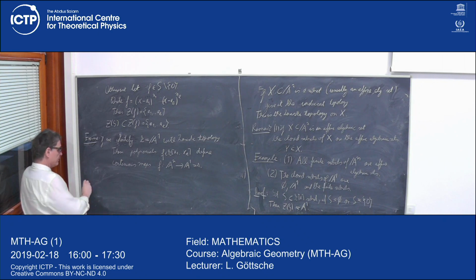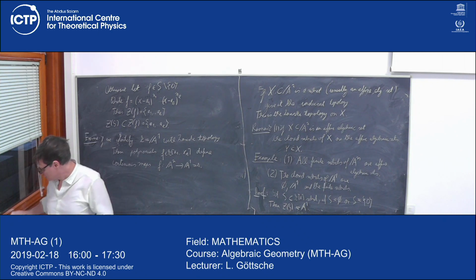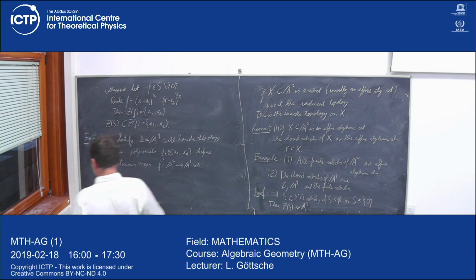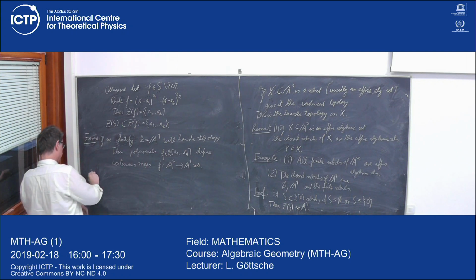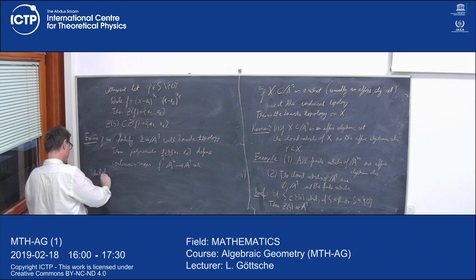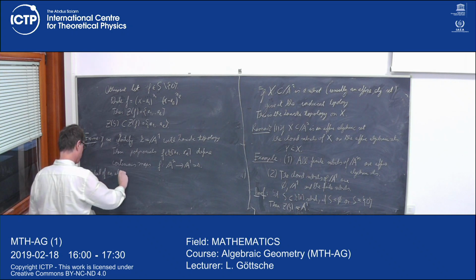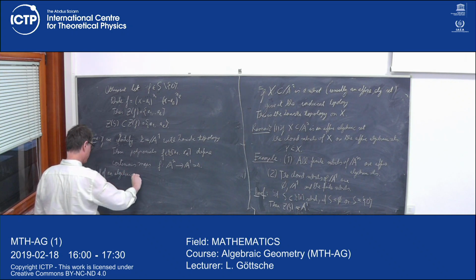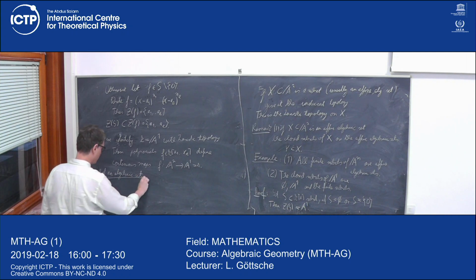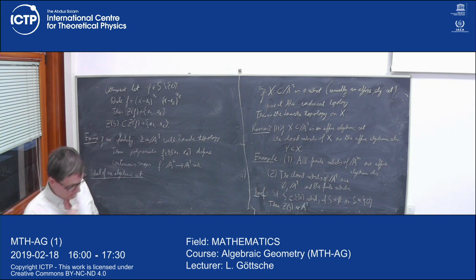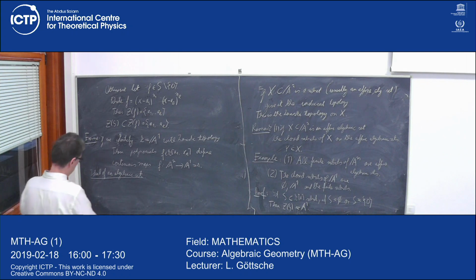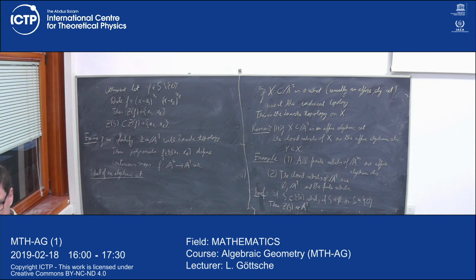So I want to very briefly, we don't use it now, but we will need it a lot in the future, introduce the idea of the ideal of an algebraic set. We know that an affine algebraic set is a zero set of an ideal in K[x1, ..., xn].